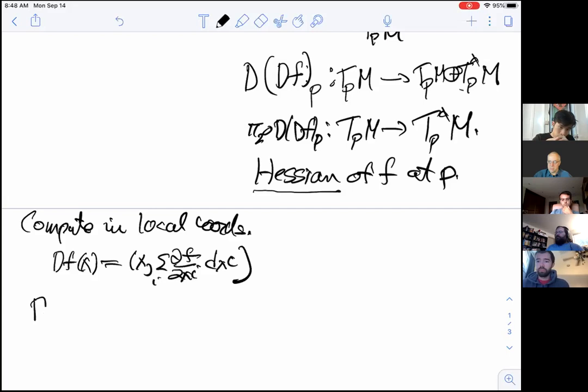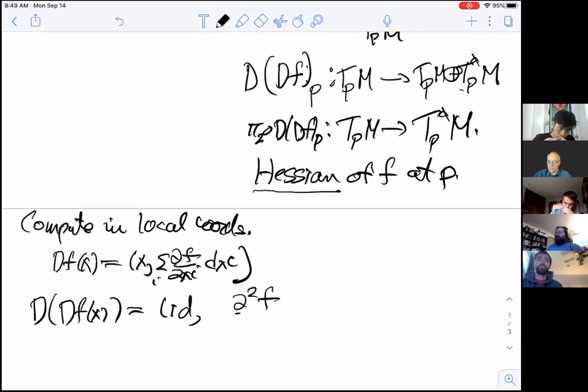And then the differential of df of x, well, it's the identity in the first factor, and it turns out to be the matrix given by the second partial of f with respect to xi and xj, dxi tensor dxj, if you sort it out.